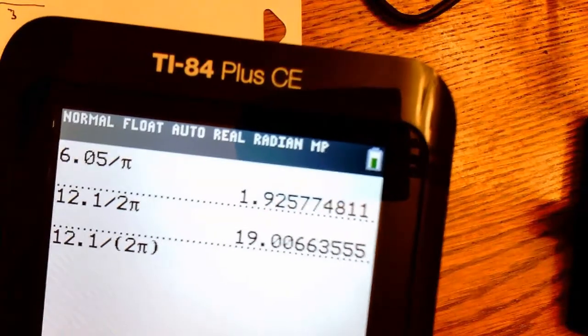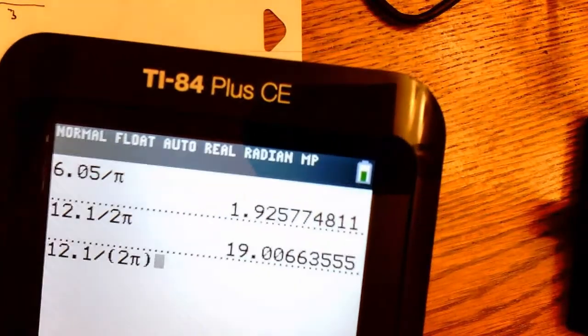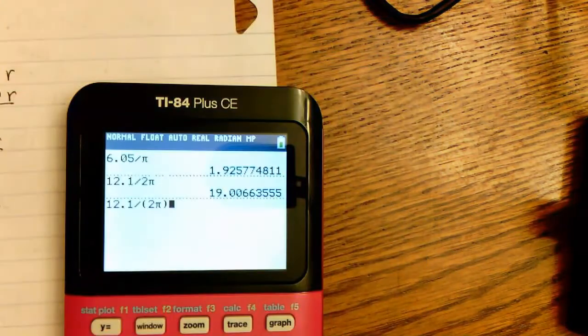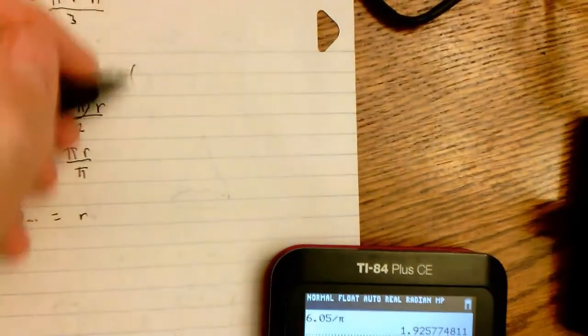Instead of just the 2 and the pi separately. And you can see now that it gives me the correct answer, the 1.925 and such. Alright, so that's one thing. I now have the radius. I'm not going to clear my calculator. I want to show you one more thing.